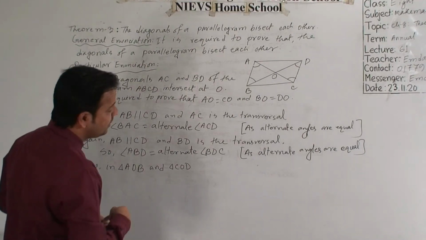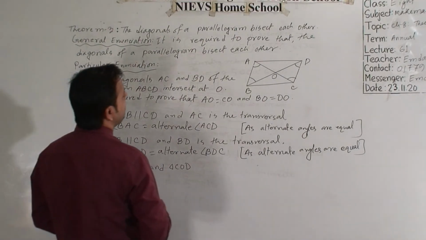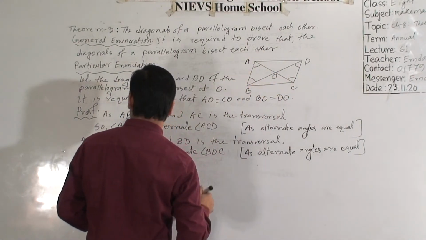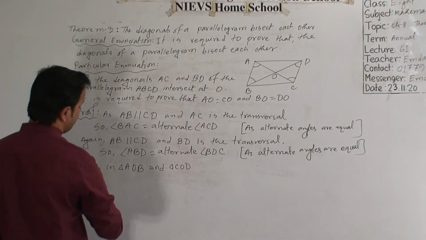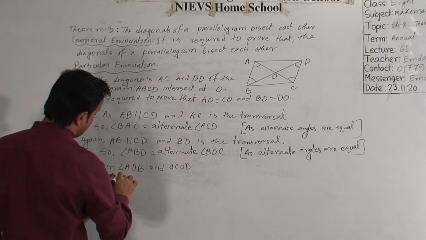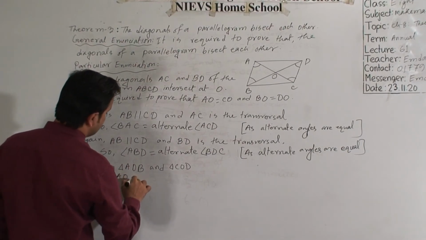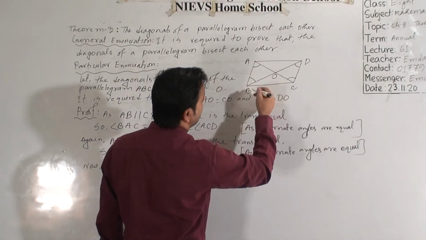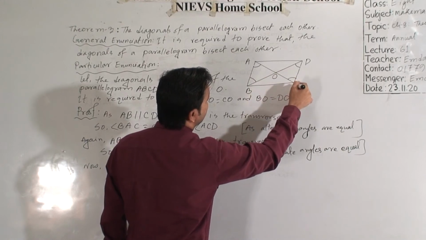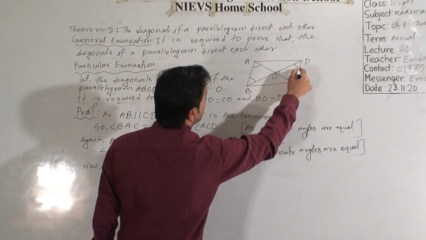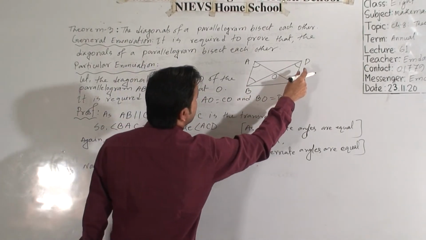We can write here angle BAC means BAO. So we can write any one. Angle BAO is equal to angle OCD, or DCO.